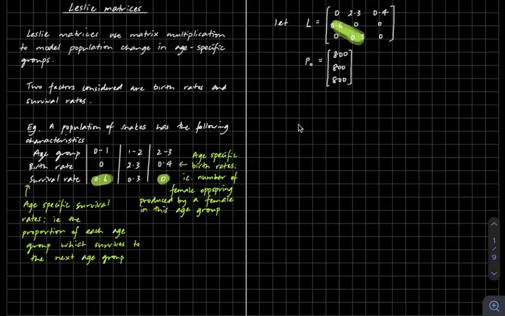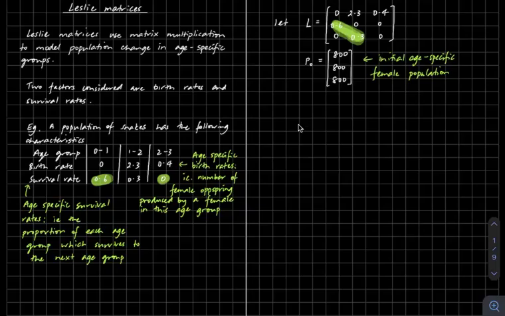And this is the initial age-specific female population. So what that's saying is, initially at time 0 when we start this model, there are 800 female snakes in the 0 to 1, 800 in the 1 to 2, and 800 in the 2 to 3.